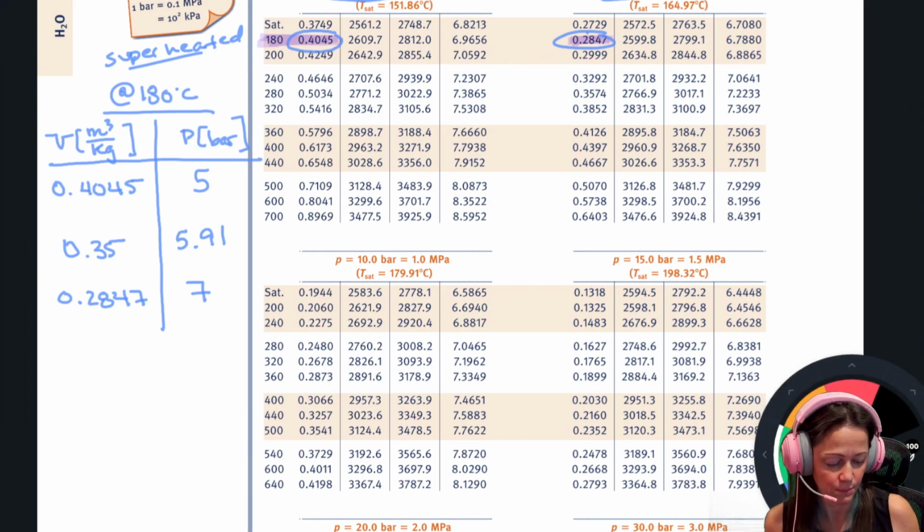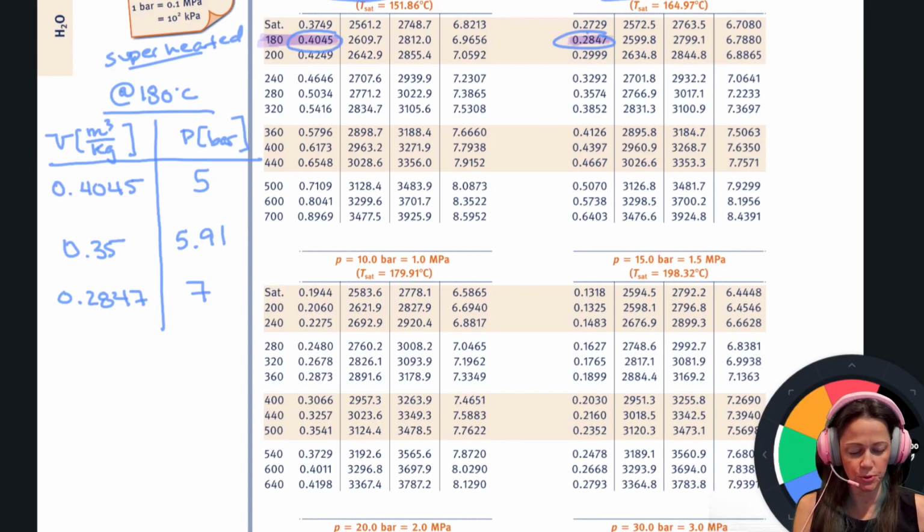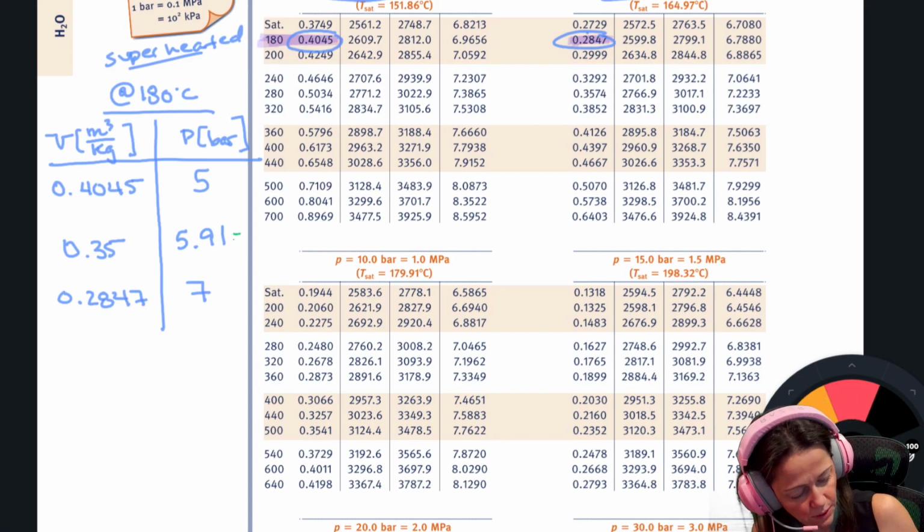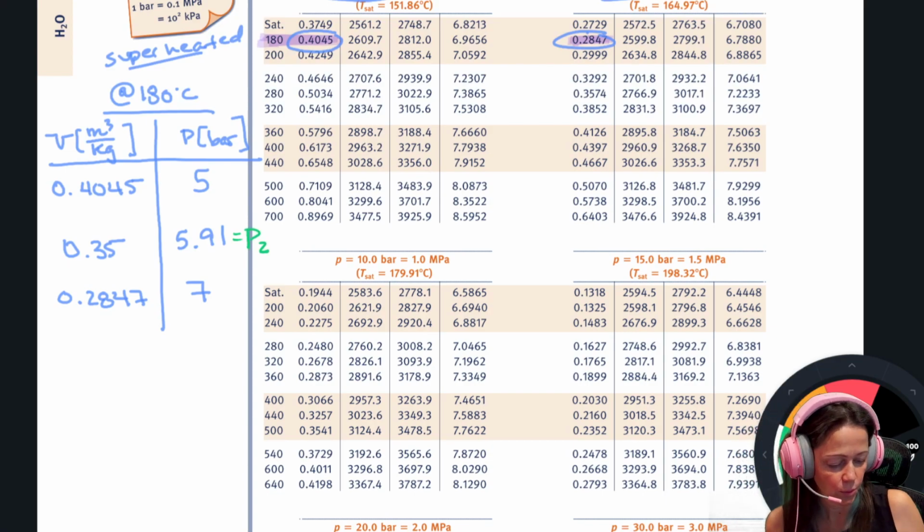Sometimes what I see, the way that you're supposed to do it is to work from the same direction, either bottom up or top down, and just be consistent. So I will always work from the bottom up. This was my P2, so say I didn't know my P2 yet.